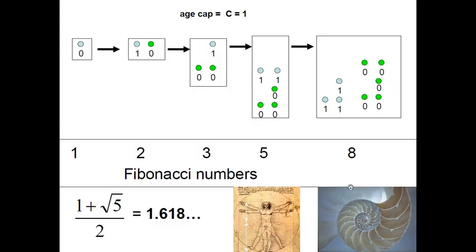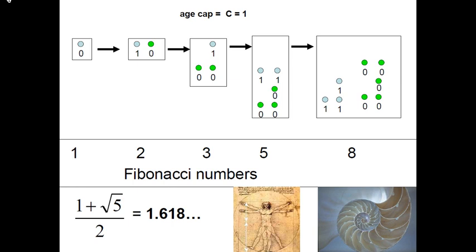Okay, now, as I've said before, the way these age cap systems evolve is really intimately related with things like Fibonacci numbers, and also with the golden ratio. So just for a start, let's forget about the edges. Let's just think about how the population of vertices evolves. So what about the simplest case, when we set our age cap C to be equal to 1?